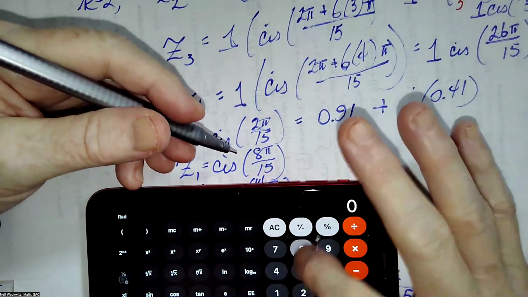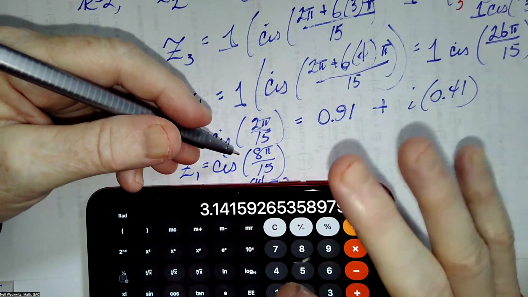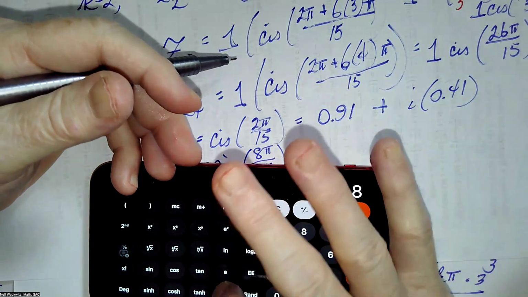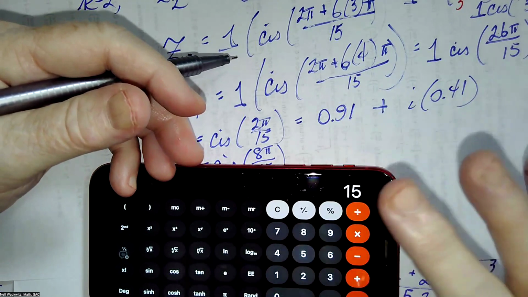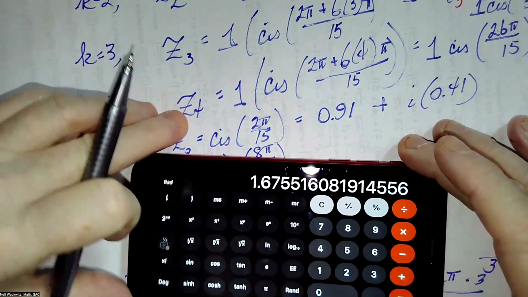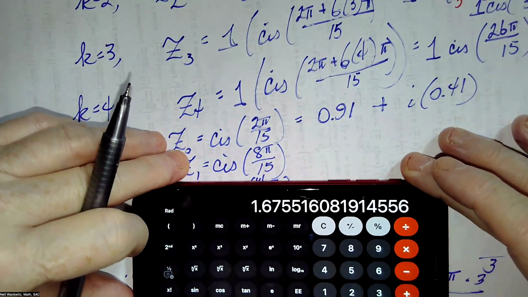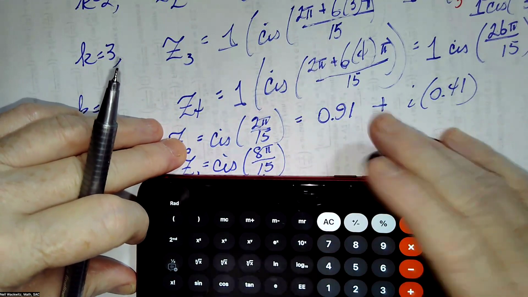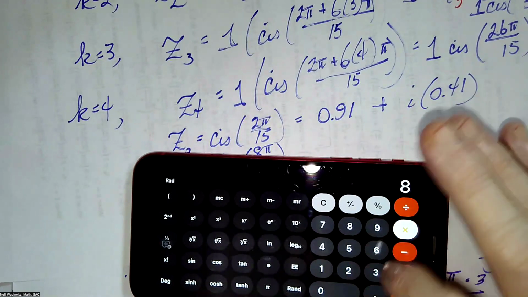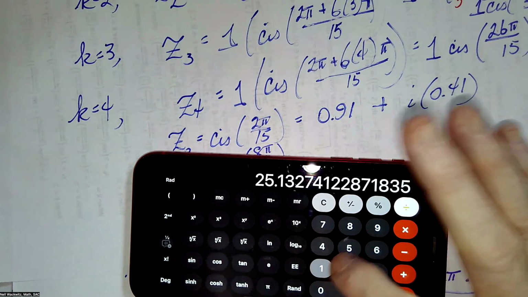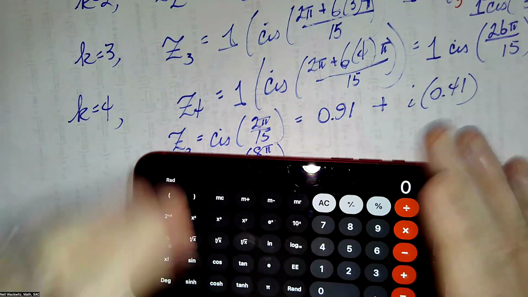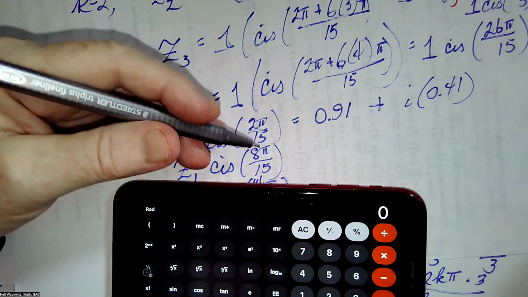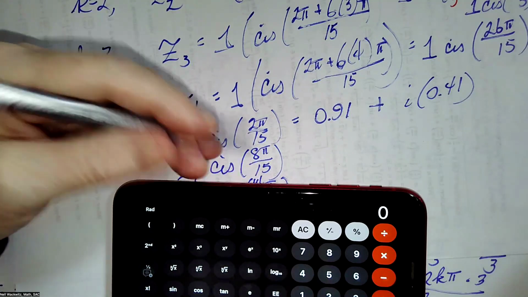Now we have 8 times pi divided by 15. This is less than 2 pi, because 2 pi would be 30 pi over 15.